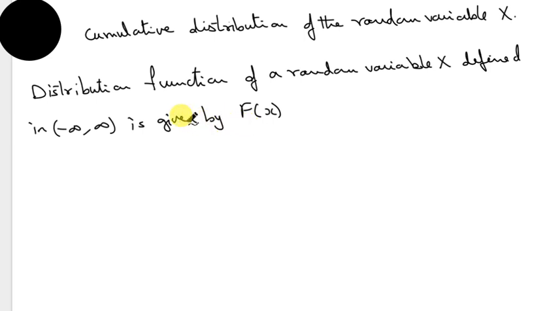That was the nomenclature. Always cumulative distribution is given by capital F. Capital F of x is the probability of X less than or equal to x. That is, it is a point S from the sample space such that X of S is always less than or equal to x.